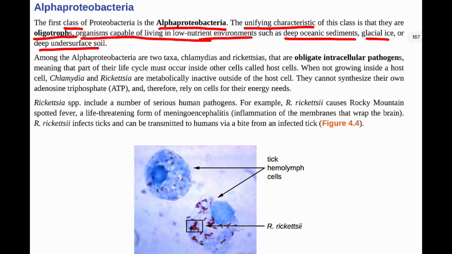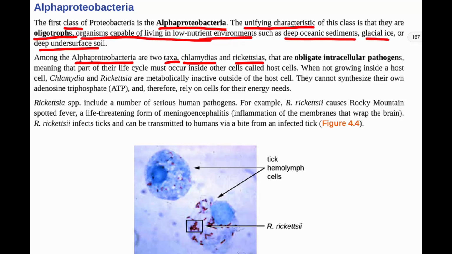So you should know that AlphaProteobacteria are oligotrophs. Among the AlphaProteobacteria are 2 taxa, which are the Chlamydias and the Rickettsias. Now we're breaking that down further.